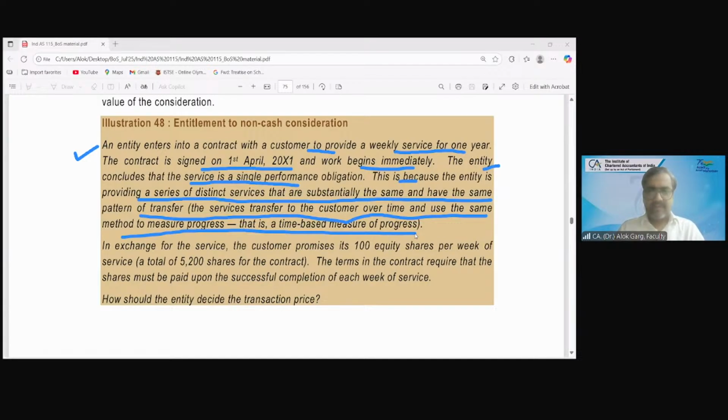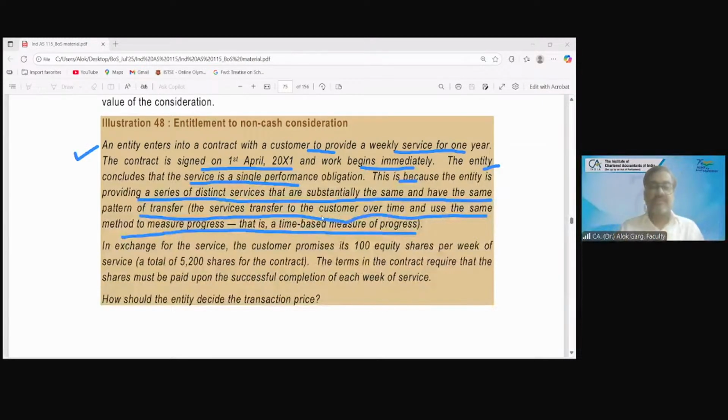So friends, this company is providing a weekly service for 1 year. Contract is signed on 1st April. Work begins immediately, and the services are a single performance obligation, but services are distinct services. So yesterday's cleaning of the house is not interdependent with today's cleaning of the house. Yesterday was separate, today is separate, right?